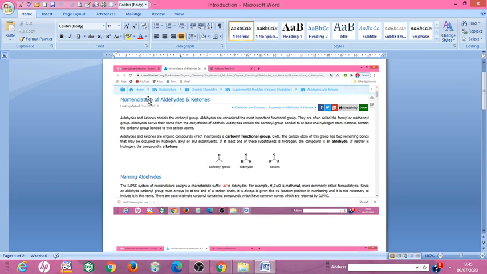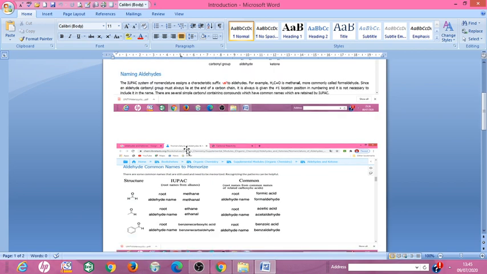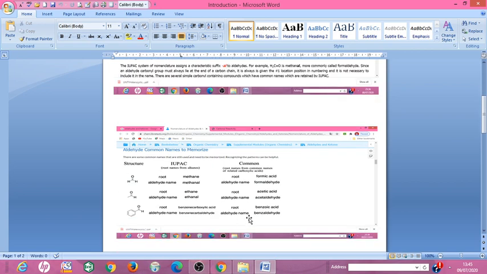Next, the nomenclature of aldehydes and ketones. This is the nomenclature of aldehyde. Suppose the parent aldehyde has one carbon atom, the name of this alkane is methane. The suffix letter E is replaced by Al. The IUPAC nomenclature of this compound is methanal.